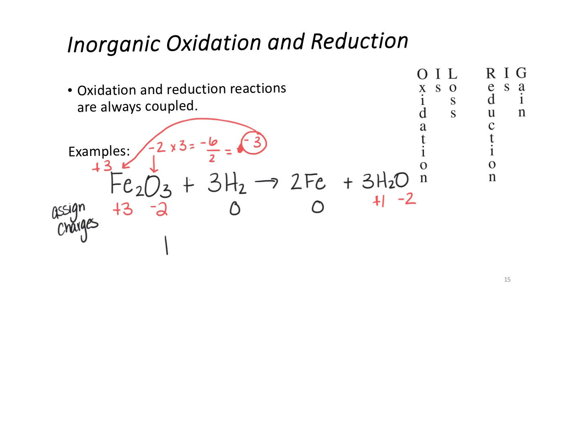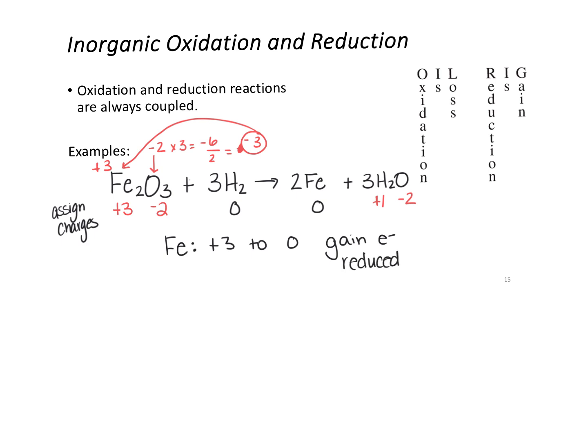So we need to focus on the things where the charges change. So let's look at iron, right? Iron is going from a +3 to a 0. When it's gone from a +3 to a 0, the only way it can do that is it can gain electrons. So it's gained 3 electrons. And so if something gains electrons, it's being reduced.